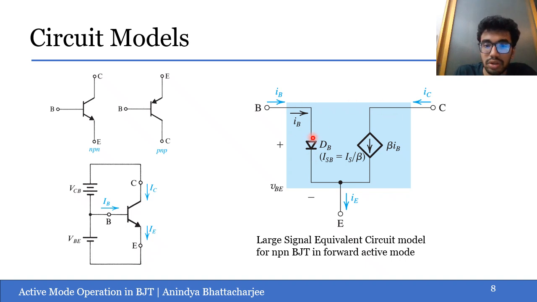So here a diode is forward biased in the base emitter junction, and a current controlled current source represents the collector current, which is proportional to the base current, as we have derived in our previous mathematical equations. So it correctly represents the model that we have previously discussed.